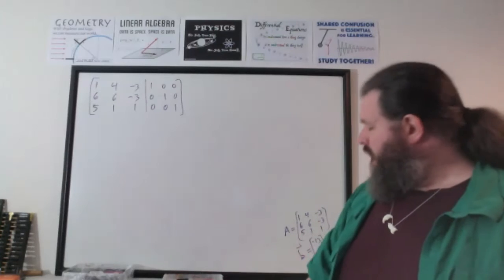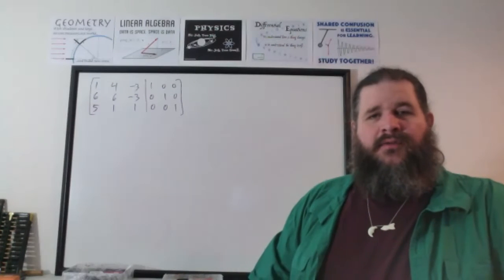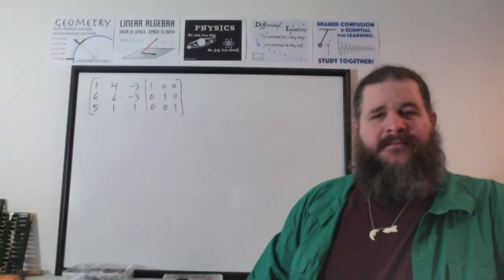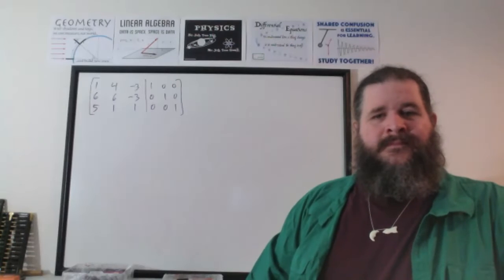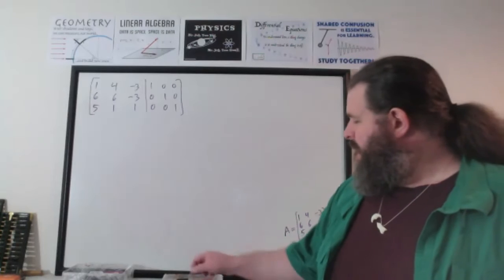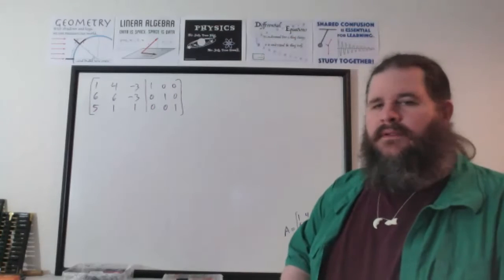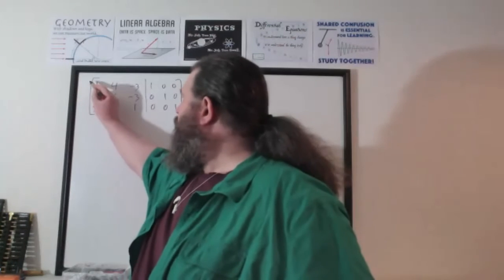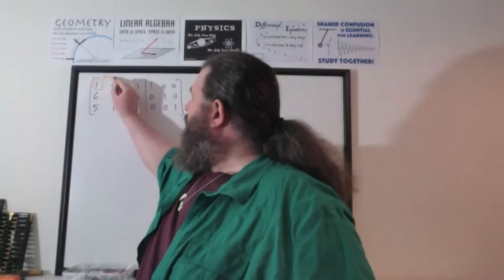So what would be a good first step? What's a row operation we can do that will get us on the road towards row reduced echelon format? Multiply row 1 by -6 and add it to row 2. Yeah, because that'll help us use this pivot to eliminate something in the same column.